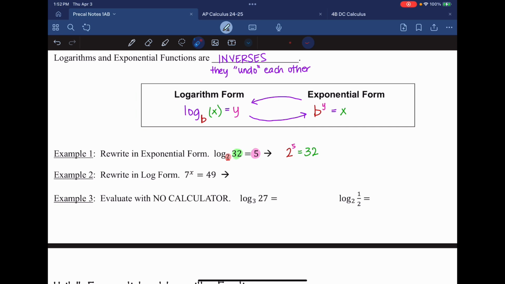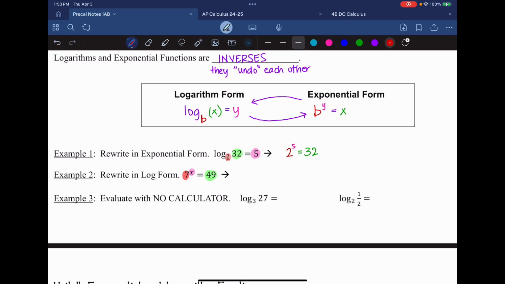Rewriting in log form, same idea. So my base is 7. My exponent is the x, and it's equal to 49. On this one, if I didn't know what x was, right now that x is stuck in the exponent, and there's no way to get it out of the exponent in a productive way other than to convert it to log form.